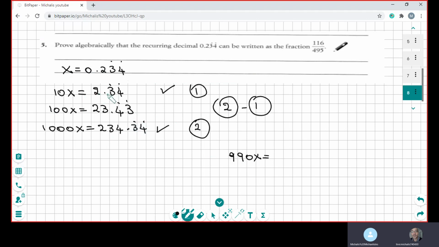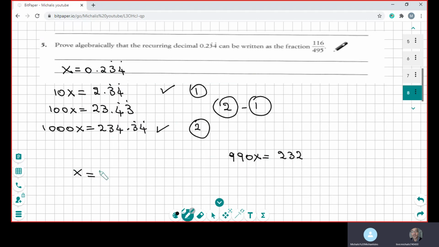And now the right-hand side is 234.3434 minus 2.3434. This gives you 232 exactly, because the decimals are 0. And now dividing both sides by 990, I can find this fraction.